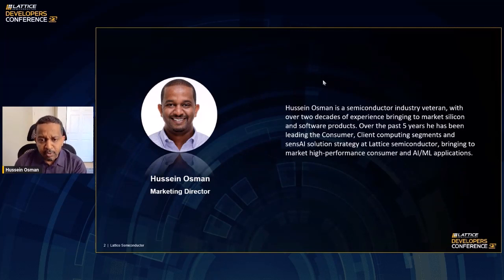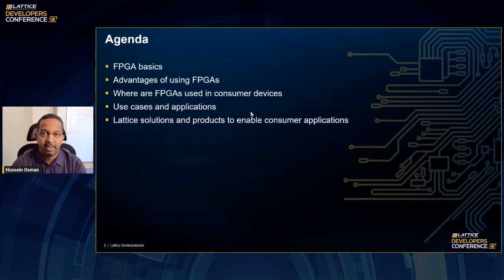So moving on to what the agenda for today is. I will take a step back and talk a little bit about the basics of FPGAs, what makes up an FPGA, what's inside the fabric, what's inside the package you get as a FPGA user.